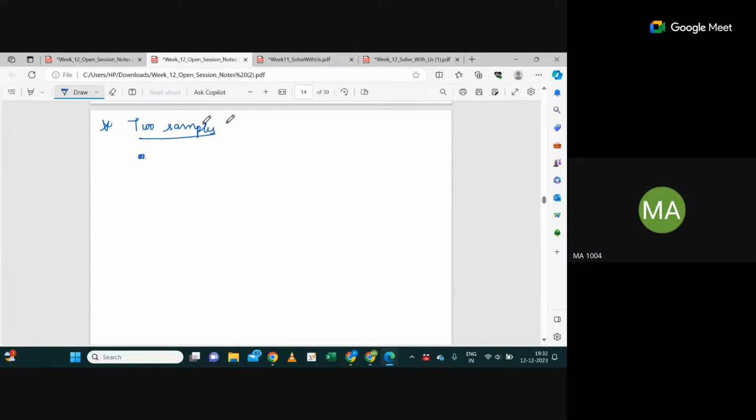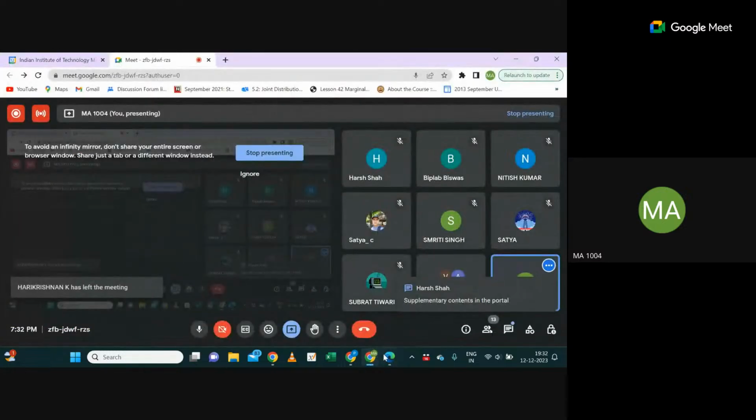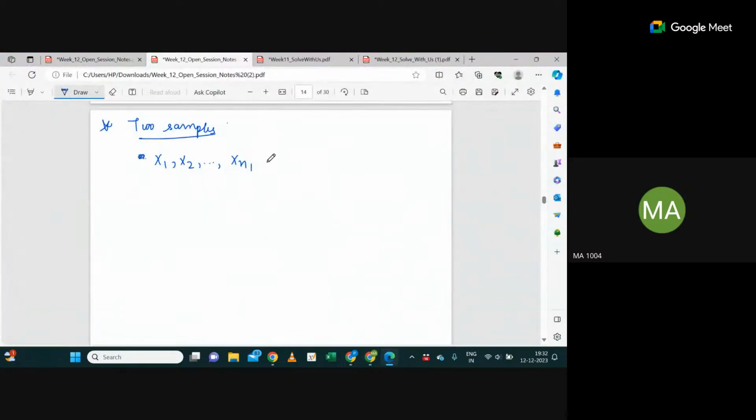Suppose I have given x1, x2 up to xn1, IID normal distribution with mean mu1, variance sigma 1 square. And another sample is y1, y2 up to yn2, IID normal mu2 comma sigma 2 square.